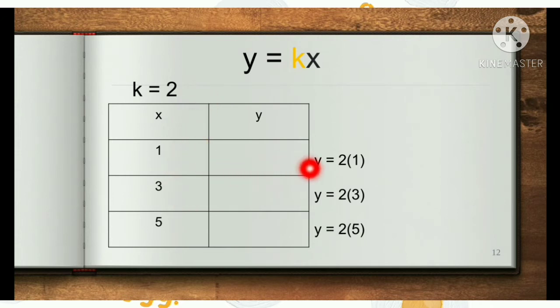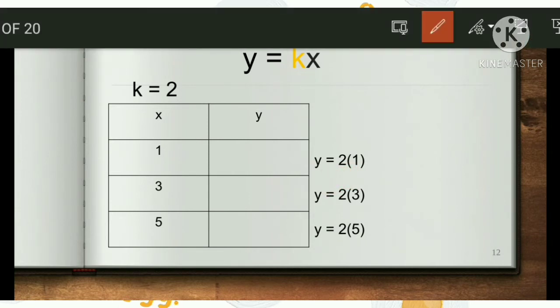In the first row, k will be substituted by 2, and x by 1. So y is equal to 2 times 1, so the answer would be 2. In the second row, the equation will become y is equal to 2 times 3, because the value of x is 3. So y is 6. In the third row, x is 5, so the equation will become y is equal to 2 times 5, which is 10.